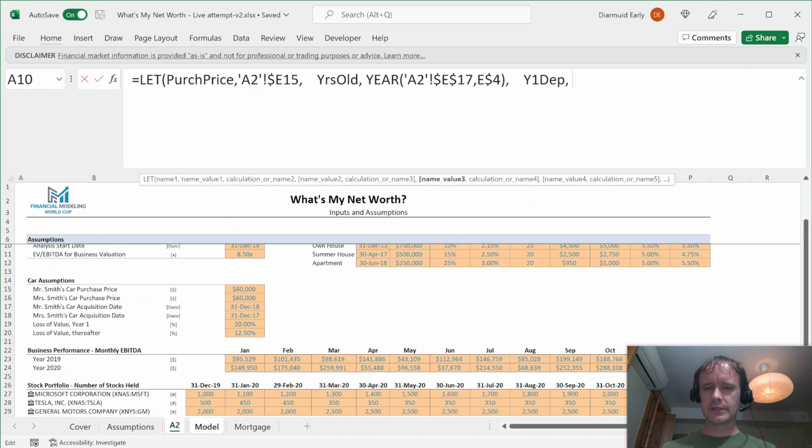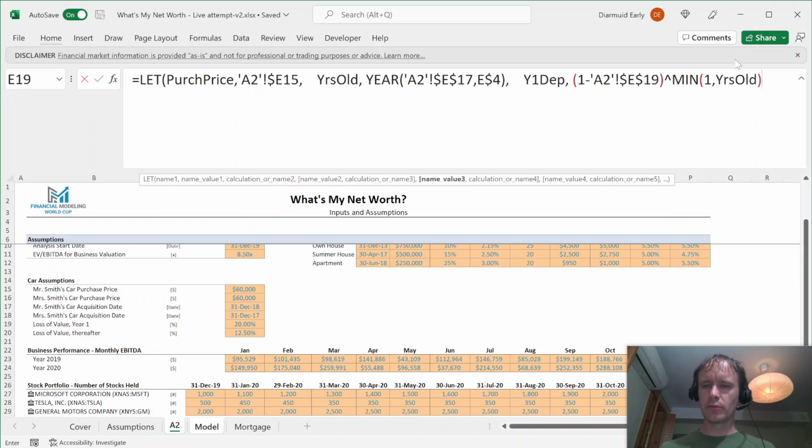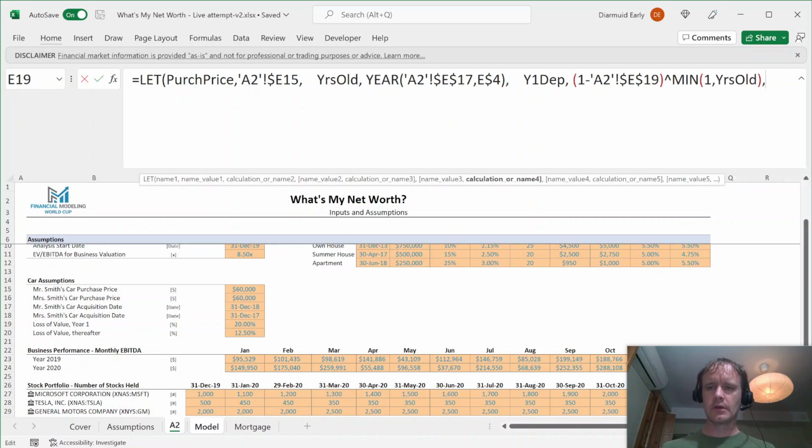So in this case, year one depreciation is going to be 1 minus 20%, so that's how much goes down in total over the first year, to the power of min of 1 and years old. So in other words, if you're more than 1 year old, the smaller of these two is 1. If you're less than 1 year old, then you get a partial year of depreciation.